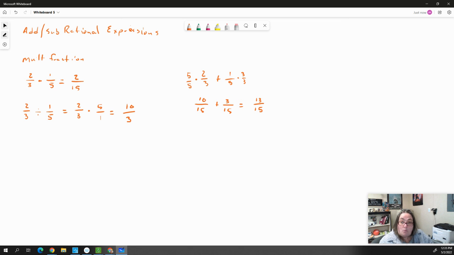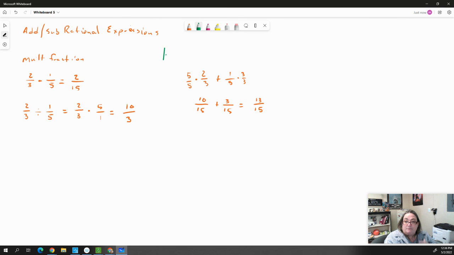Well, with what we're starting with, we're going to start out dealing with polynomials that have like bases already, common denominators, like bases. You might hear them used interchangeably.